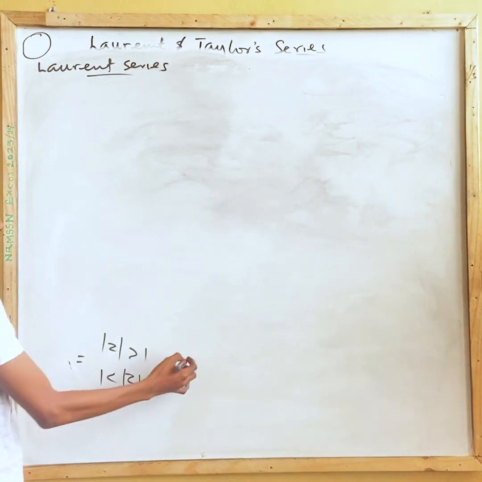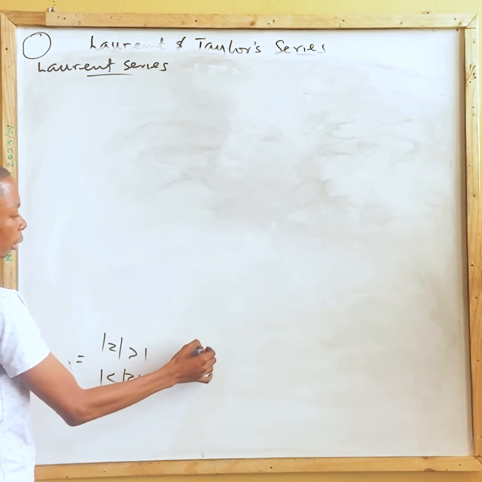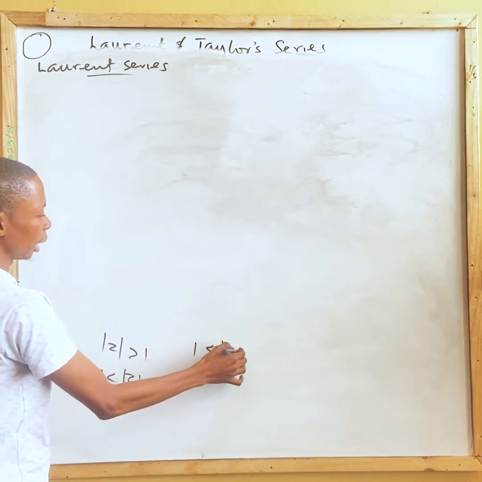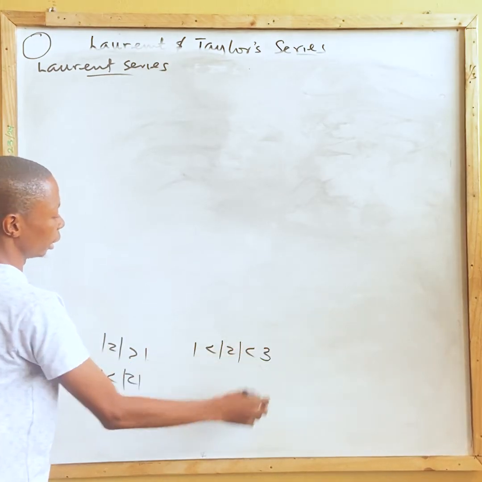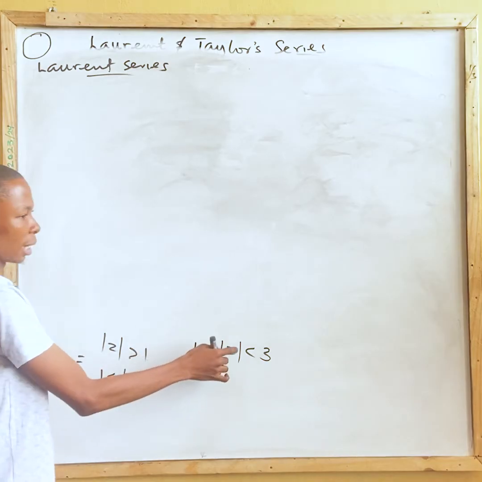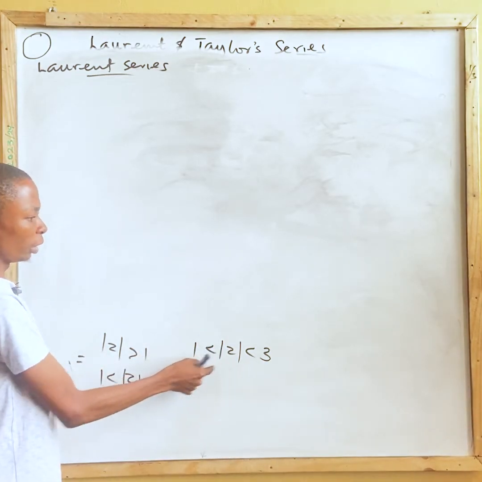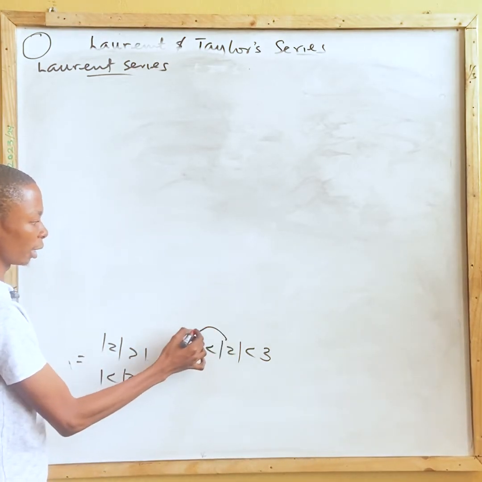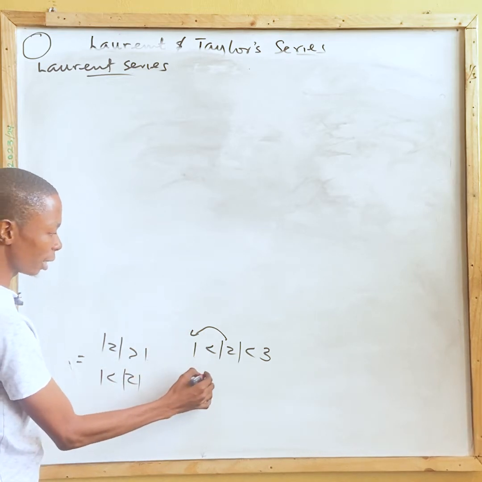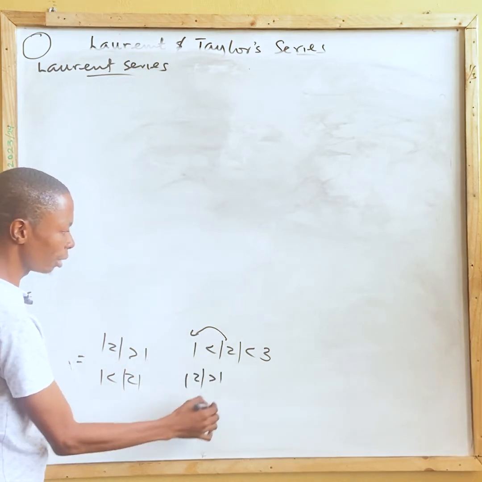If I have, let's say, 1 is less than z, and z is less than 3, what does it mean? 1 is less than z means z is definitely greater than 1.